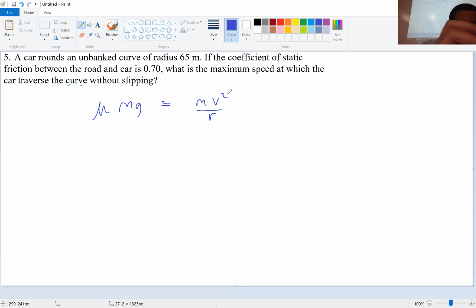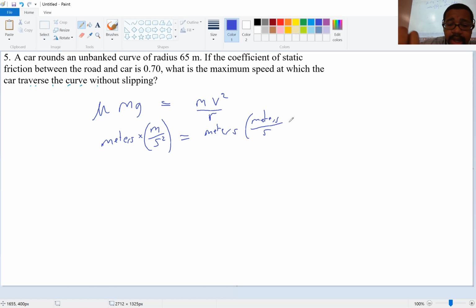So let's put this in like a units version. This we don't, it's just kind of a number, so I'm just not going to do anything with it. So we've got meters times meters per second squared times meters, or equals meters times meters per... Well, actually, we don't know what that is.